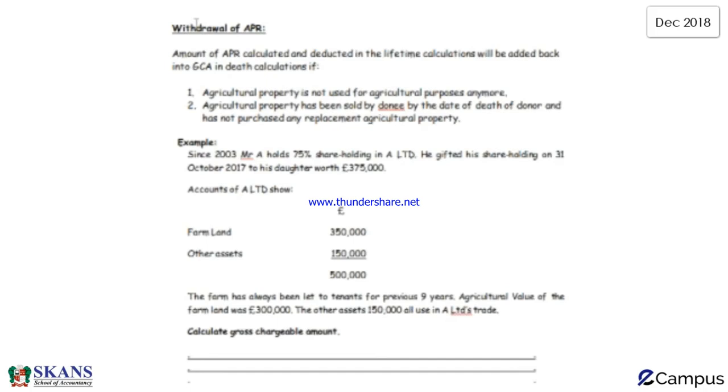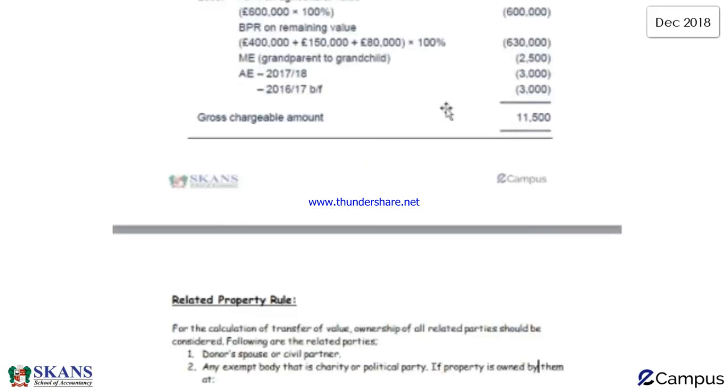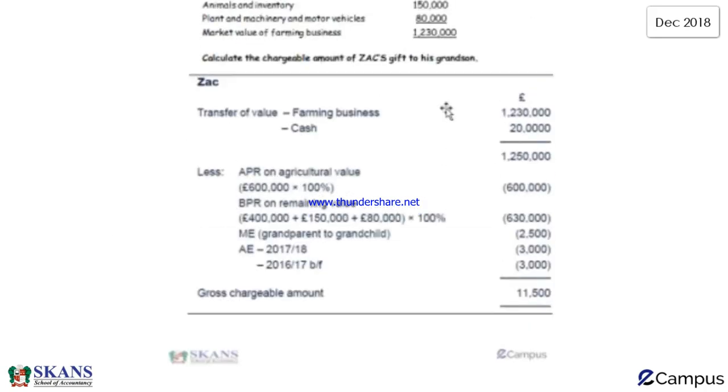If relevant agricultural property is not used for agricultural purposes by the donee by the date of death, or by the date of death of the donor, he had sold the property and not purchased any replacement agricultural property. In both cases, we have to add back this APR into the gross chargeable amount, which we calculated in the lifetime calculations. So let's have a look at this example.